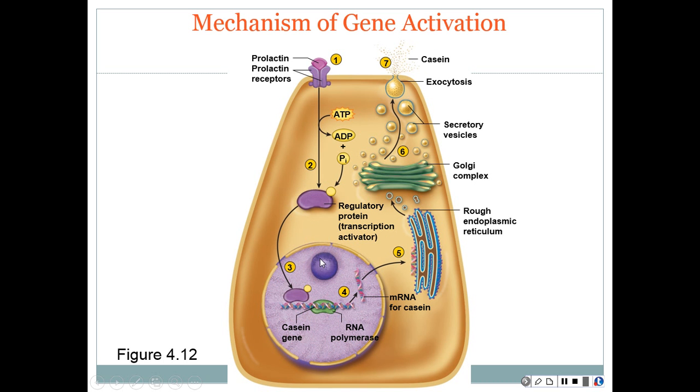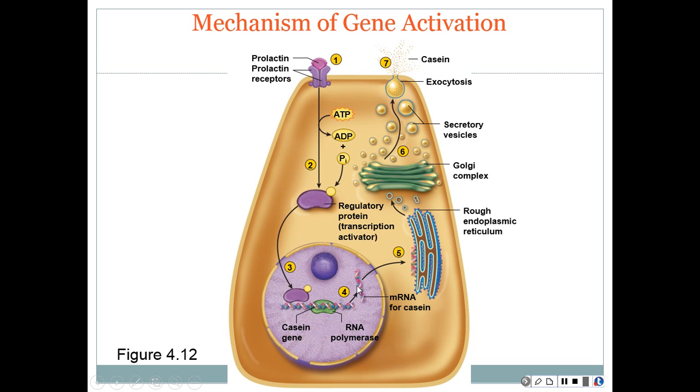Now the regulatory protein moves into the nucleus, and then it binds to the DNA near the gene for casein, which is that milk protein. Now this binding, what does it do? It's going to enable the RNA polymerase, which is right here, this green object in this diagram, to transcribe the gene, producing our mRNA for the casein.